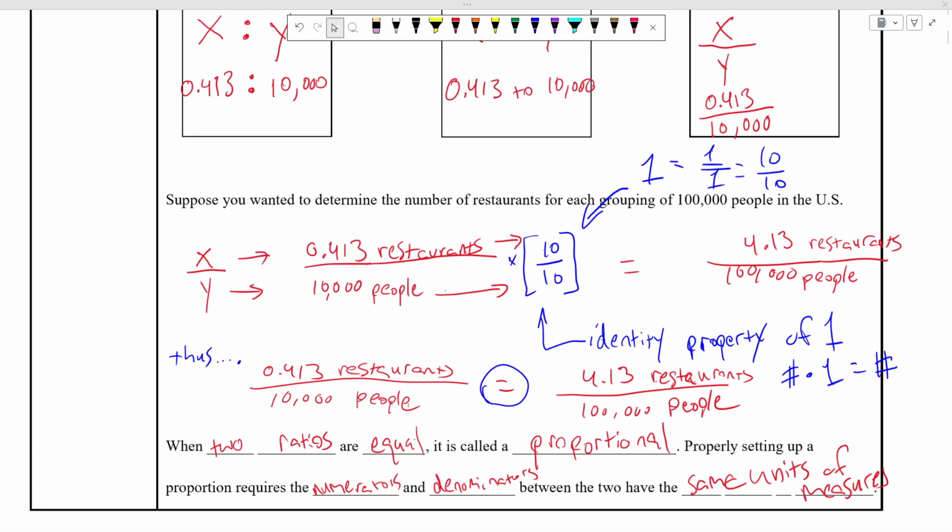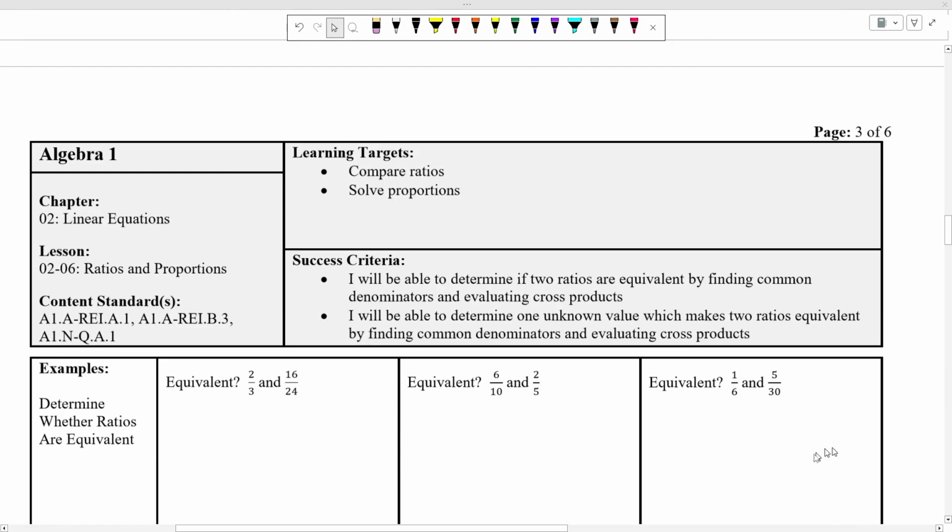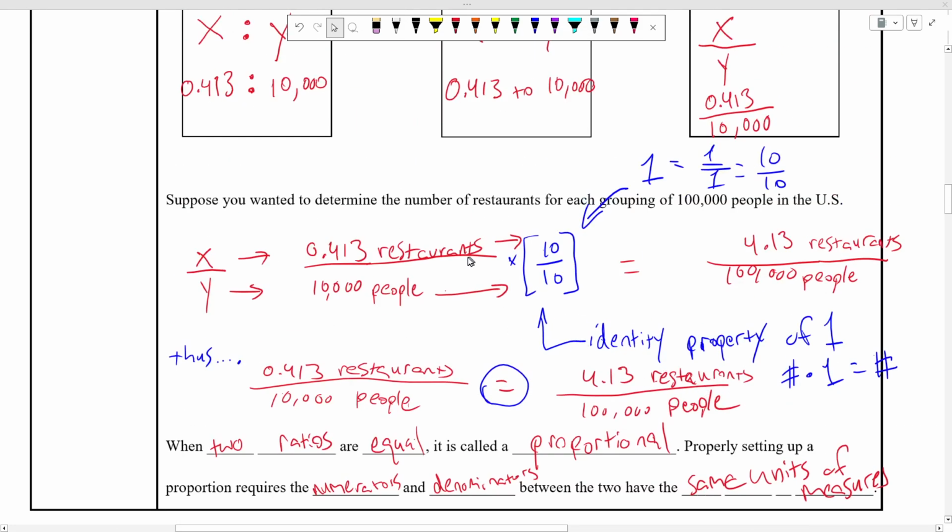Let's try some problems here, guys, and see if that makes some sense. On these next couple of problems, I want to understand: are these equivalent? Just like what we did up here, we took a ratio that was given to us, did a little manipulation to get other results, and determined that they were equivalent using this property.